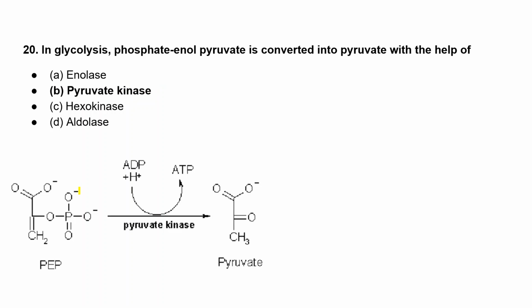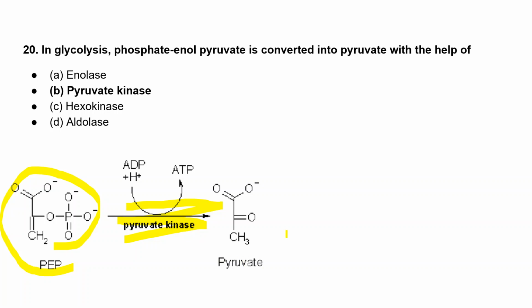Very good. Almost all of you answered very right, except I think one question. So this PEP, that is phosphoenol pyruvate, is converted into pyruvate with the help of pyruvate kinase. I don't need to explain because we have to remember this. This is the name of an enzyme.